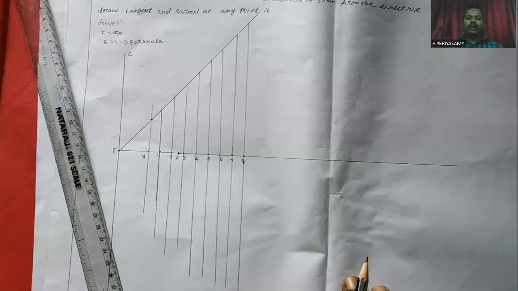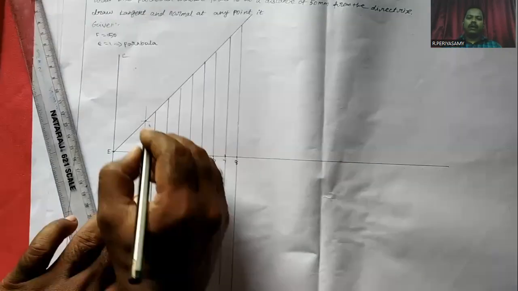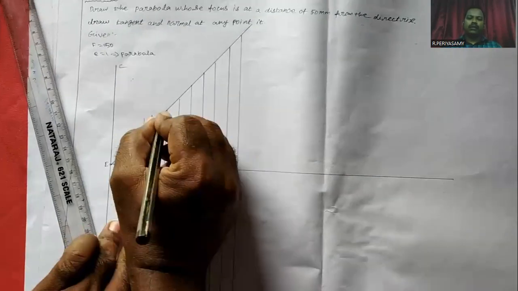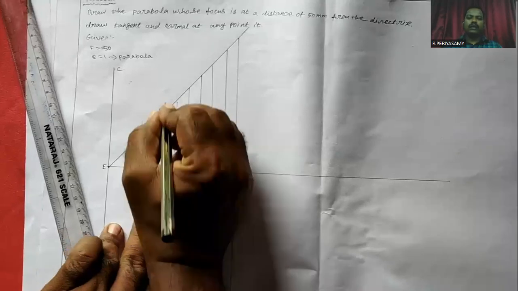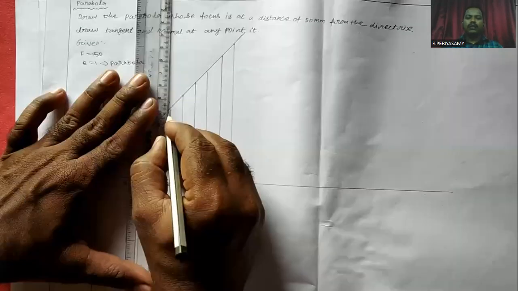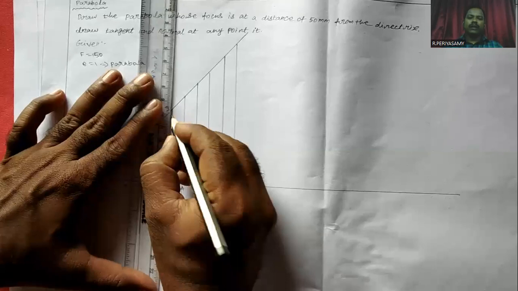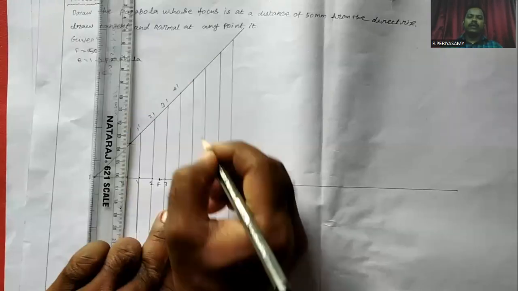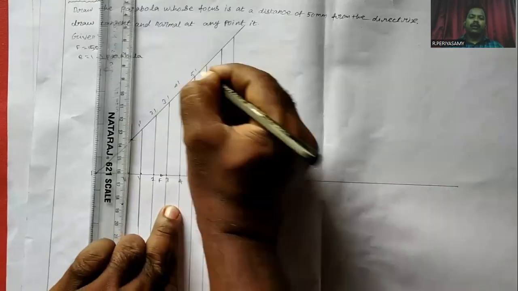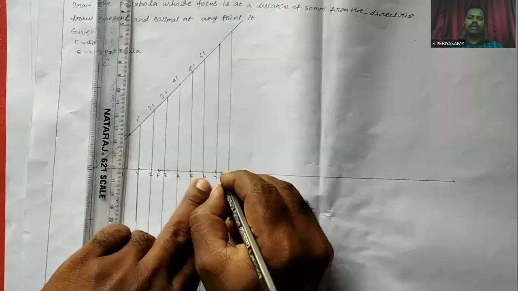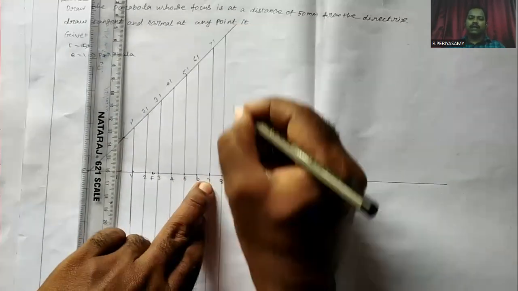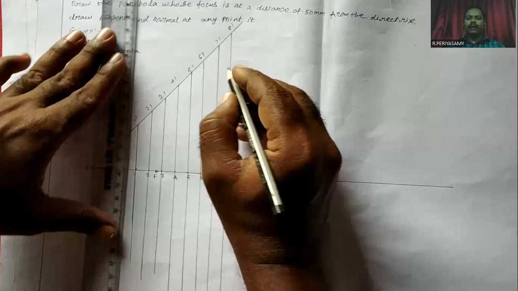Now we name the points above on the border line. Here 1 means 1 dash, 2 means 2 dash, 3 means 3 dash, and 4 means 4 dash. The points where the vertical lines touch the border line are noted as 1 dash, 2 dash, 3 dash, 4 dash, 5 dash, 6 dash, 7 dash, 8 dash.